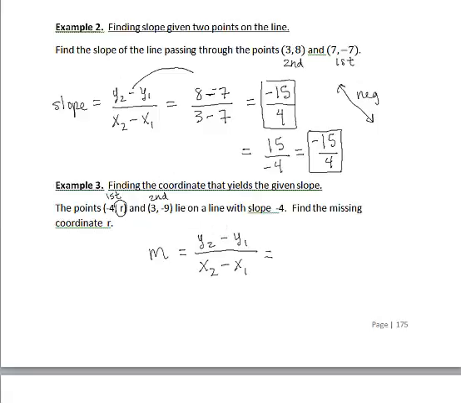And so now what we'll do is we'll simply put in what we know, and we'll replace one of the coordinates with an r, and then we'll solve for r. So we know the slope, it's negative 4. Y2 is a negative 9, and we subtract, this minus comes from the formula, an r.